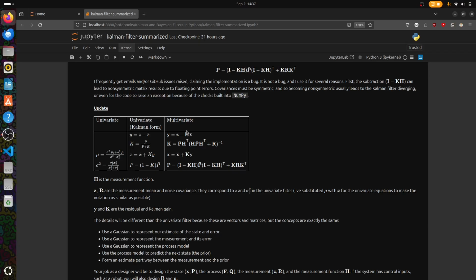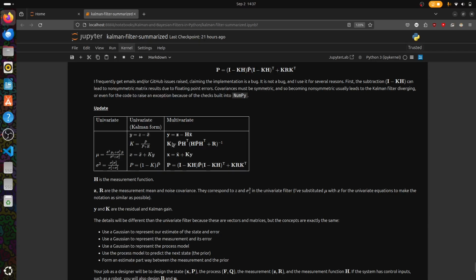Because we are calculating a residual here, an error y, we need them to be the same units. So essentially this is dependent on what system you're having, and just context dependent.